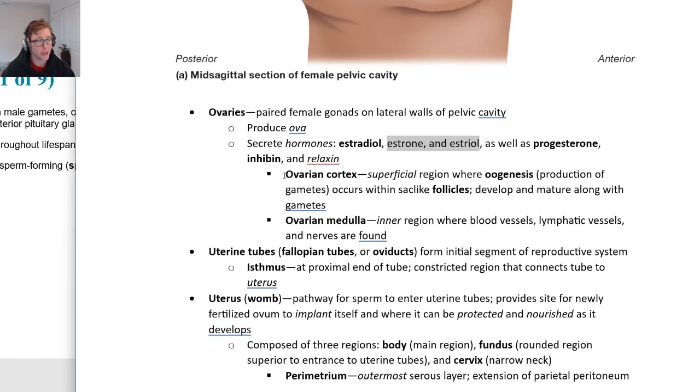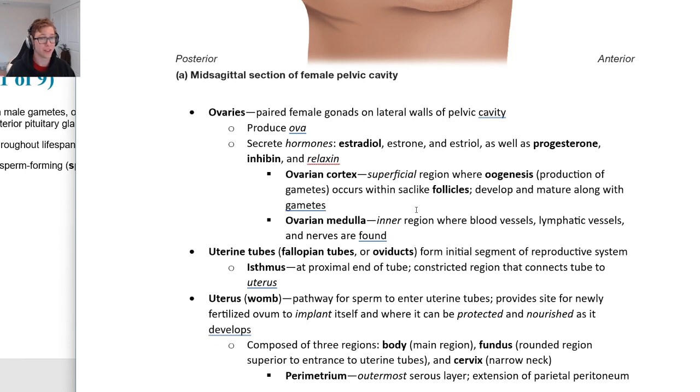Now, you have the ovarian cortex, which is the superficial region where oogenesis, the production of gametes, occurs within sac-like follicles. These develop and mature with gametes. Now, again, when I took this class, I like to try to see any similarities between the systems because then it's easier to compare and contrast.